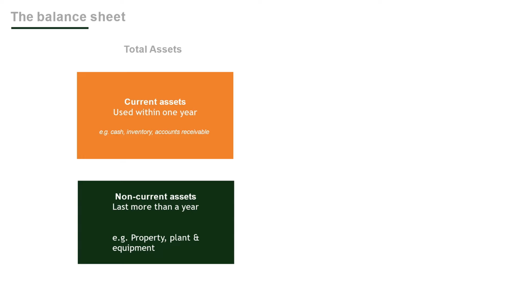Now, non-current assets are expected to last more than a year's time and include things like property, plant, and equipment, technology, patents, trademarks. Non-current assets are typically grouped into tangible and intangible assets.